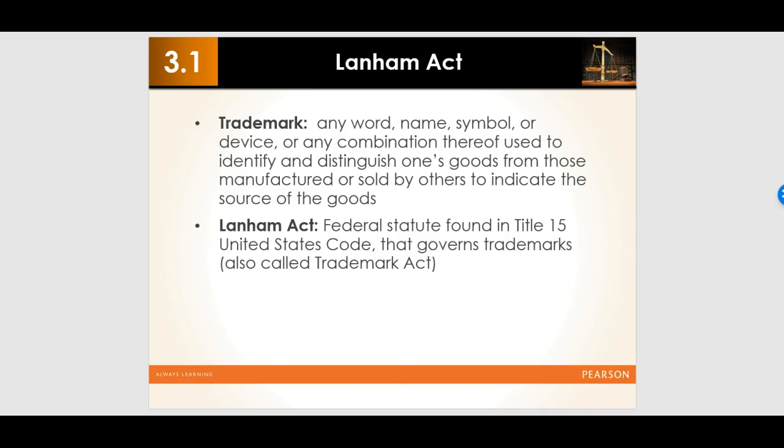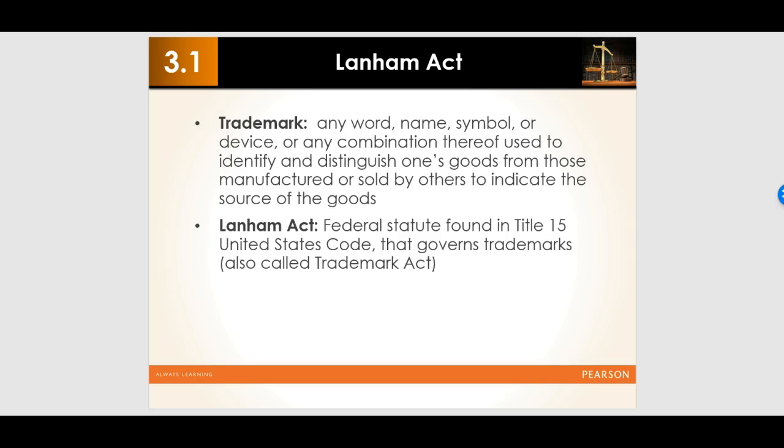So those are names or symbols or logos that will help consumers to identify who the manufacturer is, what company the product or service comes from. So this is what a trademark is.